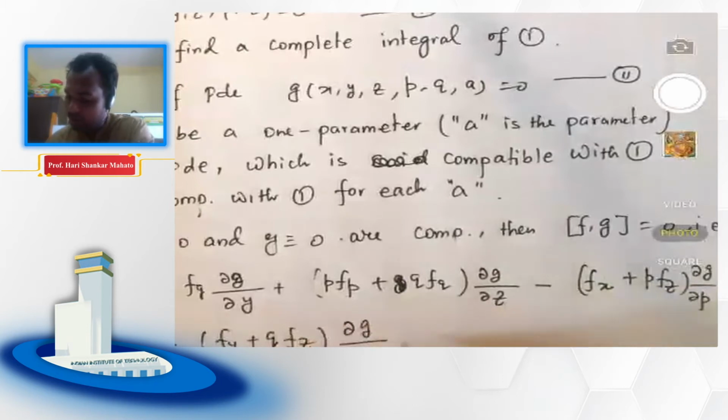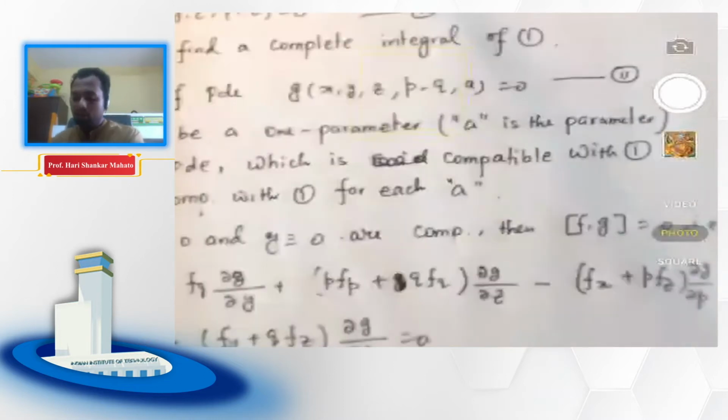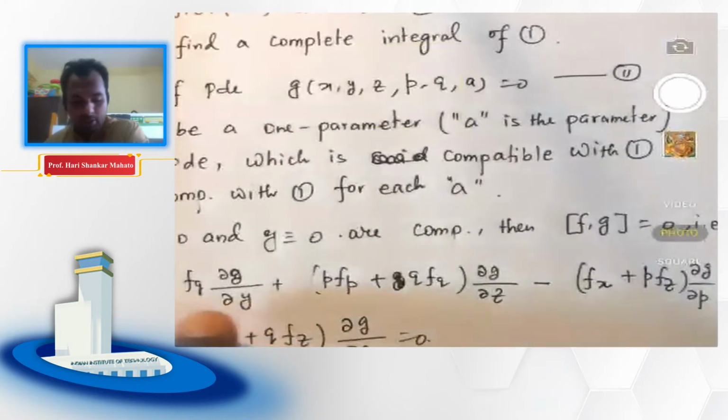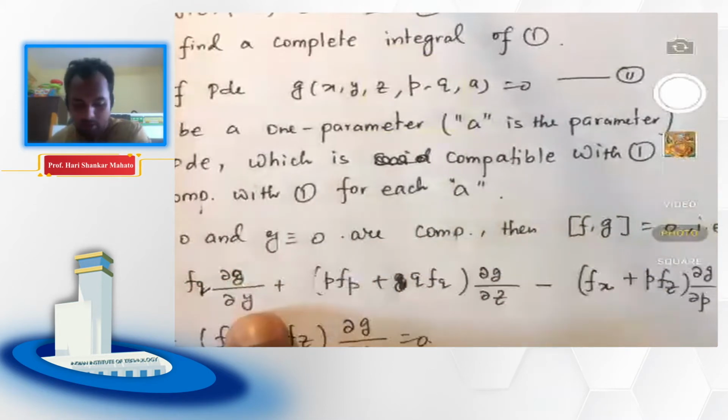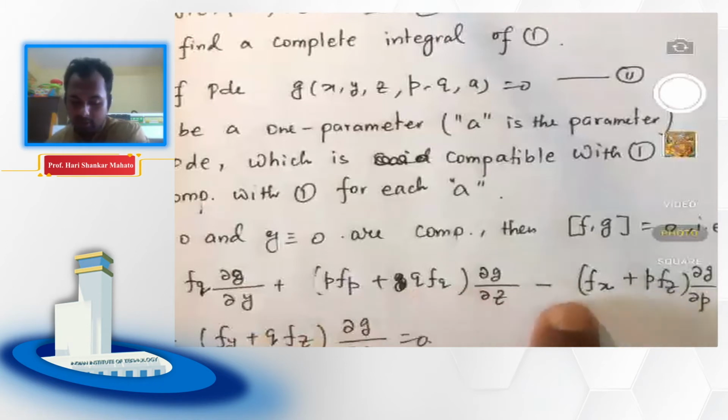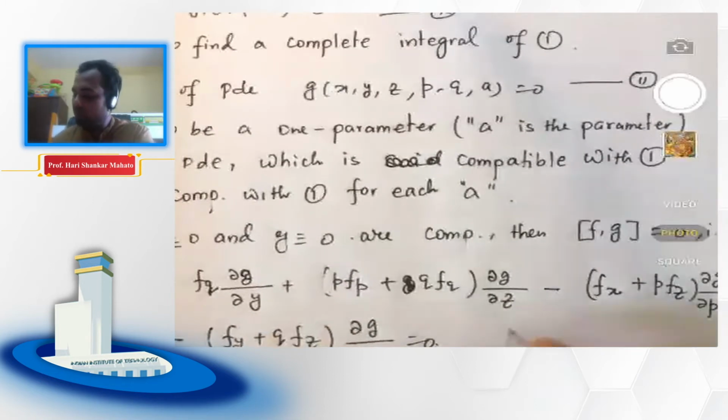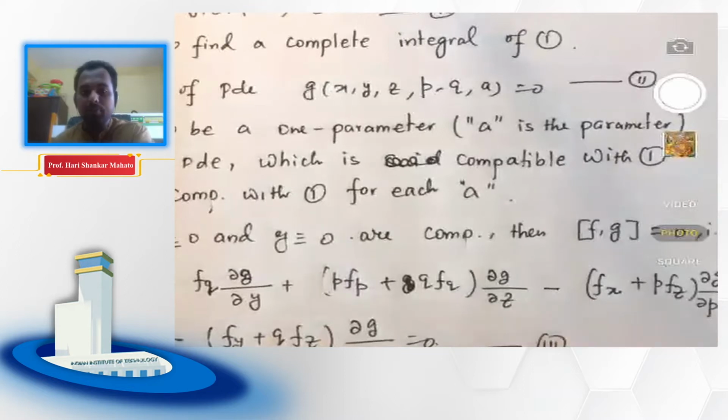Let me just match it once again. We have fp times del g del x, fq times del g del y, (pfp plus qfq) times del g del z, minus (fx plus pfz) times del g del p, minus (fy plus qfz) times del g del q equals to 0. Okay, let's call it relation number 3.